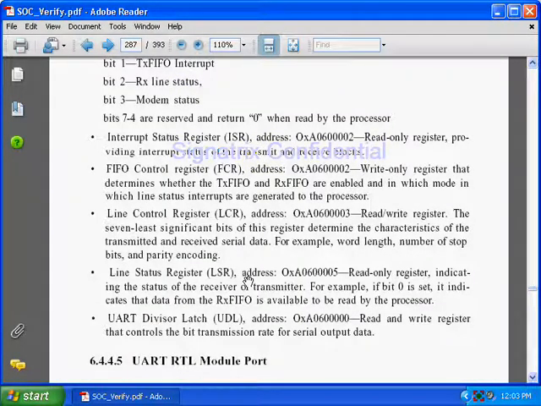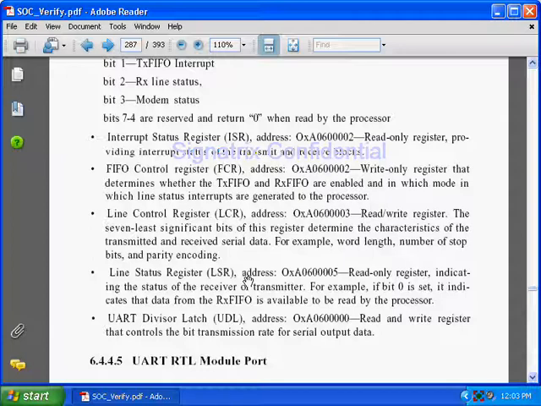You can see this write only register determines whether TX FIFO or RX FIFO is enabled, in which mode, and in which line status interrupts are generated to the processor. So this is about controlling the FIFOs. Next, the line control register, which has an address. This is a read write register, so you cannot share the same address.